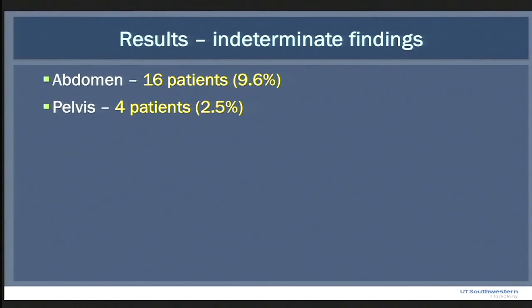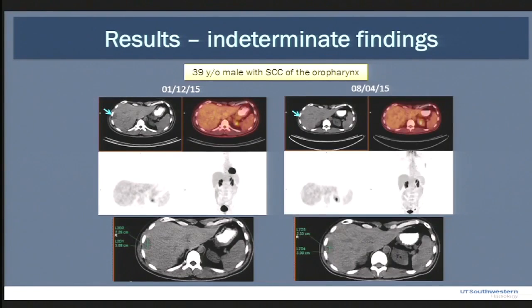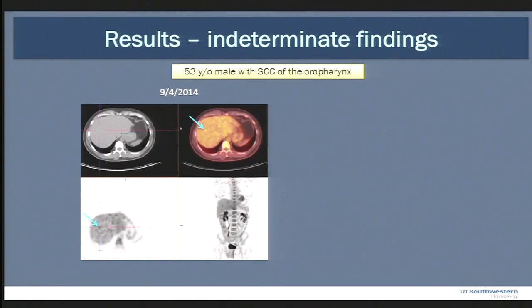So 16 patients had indeterminate findings in the abdomen and 4 patients in the pelvis. This is an example of one of our patients that had this hypodense lesion in the liver, which had no FDG uptake. And this lesion was stable in a follow-up PET-CT 7 months later, likely not representing a metastatic lesion.